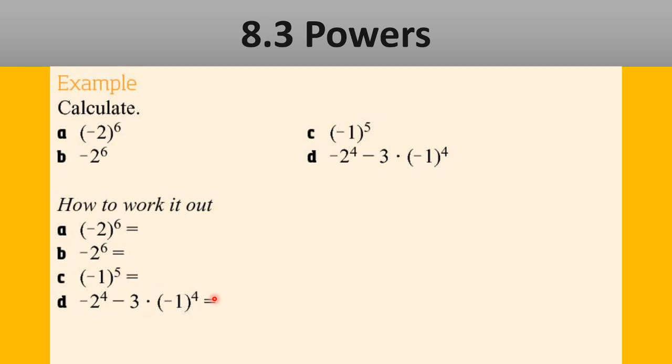Okay, let's practice. So the first two are exactly what we practiced in this theory, (-2) to the power of 6 and -2 to the 6th. So this one is going to be -2 times -2 times -2, 6 times, and that is going to give me 64, right?